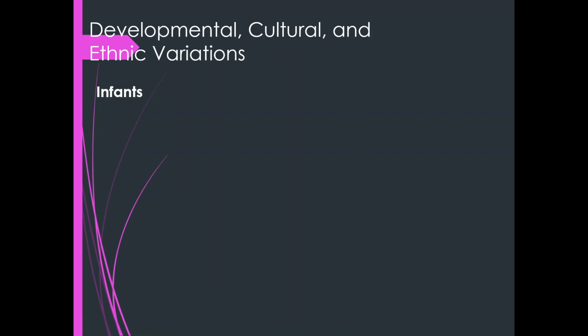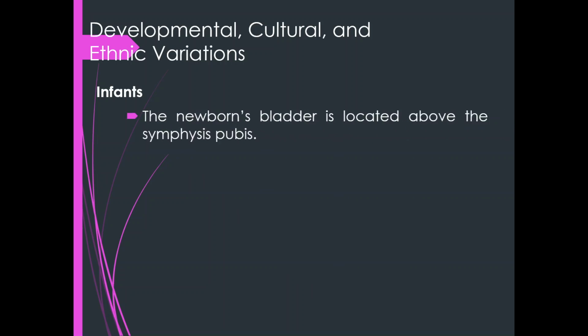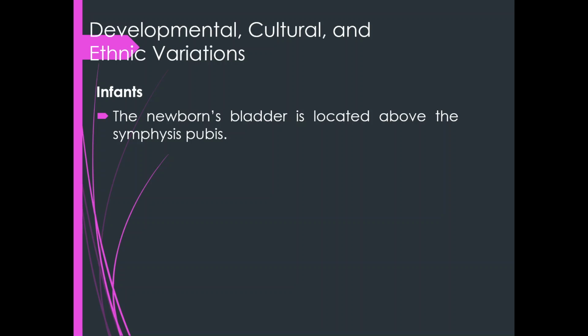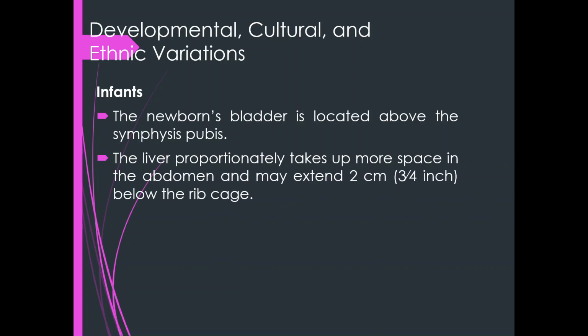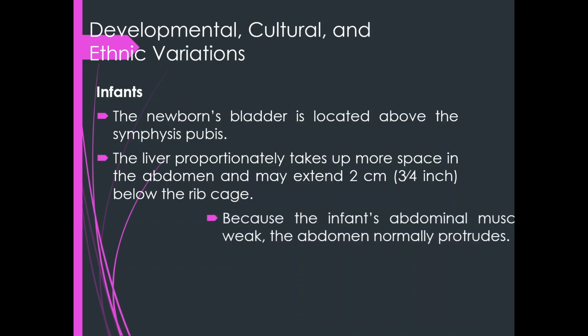Developmental, cultural, and ethnic variations. When you say developmental, of course, we start from being infants. The newborn's bladder is located above the symphysis pubis at this stage. And the liver proportionately takes up more space in the abdomen and may extend about 2 centimeters below the rib cage.